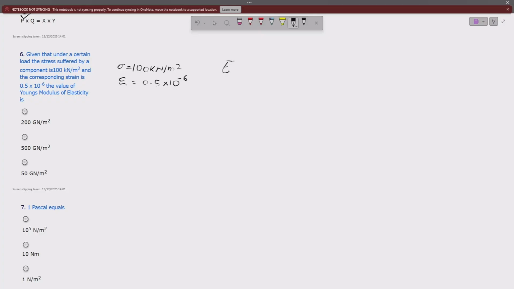Young modulus of elasticity equals stress over strain. So 100 kilonewtons, that's 100 times 10 to the power 3, newtons per meter squared, divided by 0.5 times 10 to the power minus 6.